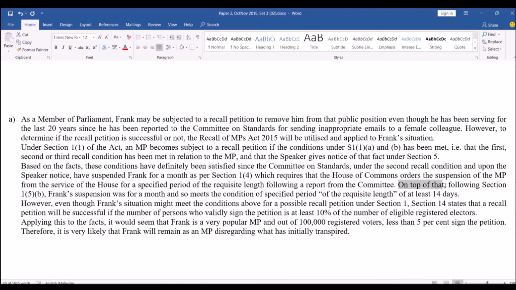And on top of that, following Section 1 sub 5 sub B, Frank's suspension was for a month and so meets the condition of a specified period of a requisite length of at least 14 days.